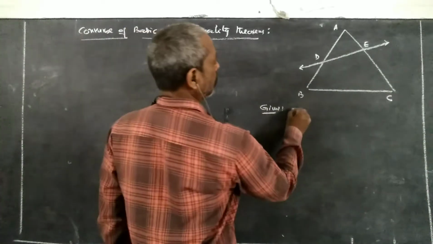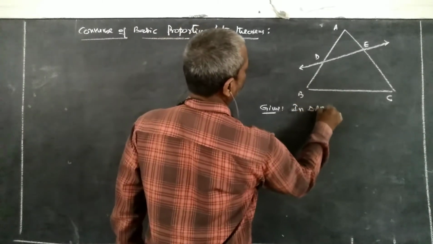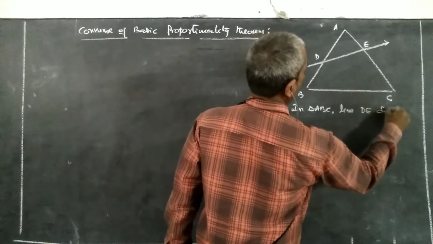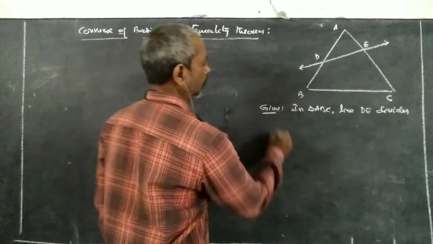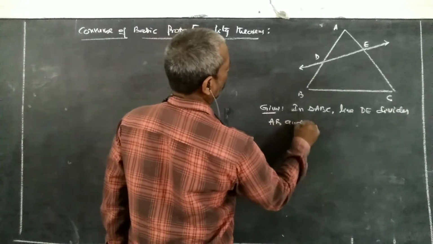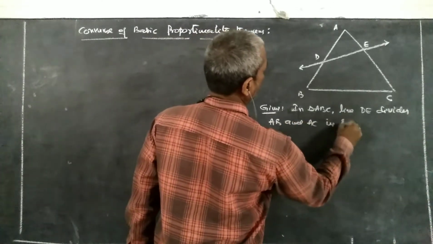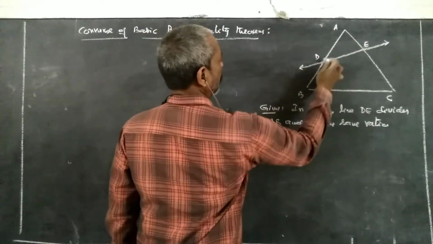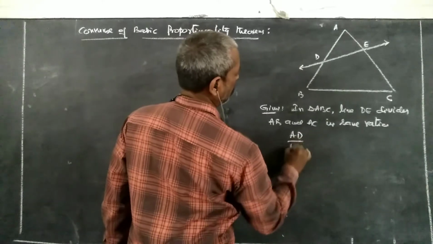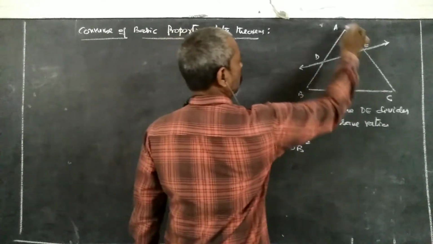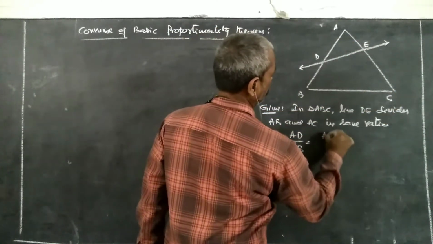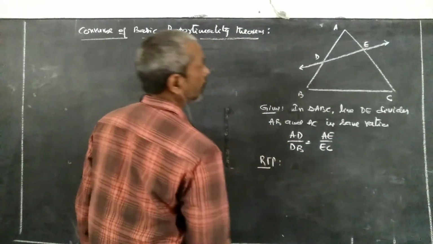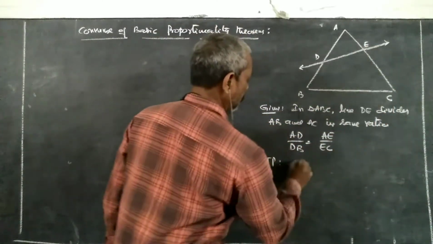Given in triangle ABC, line DE divides AB and AC in the same ratio, that is AD by DB is equal to AE by EC. Required to prove: DE is parallel to BC.